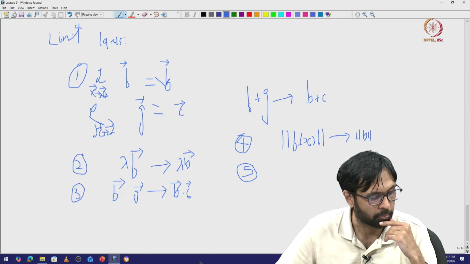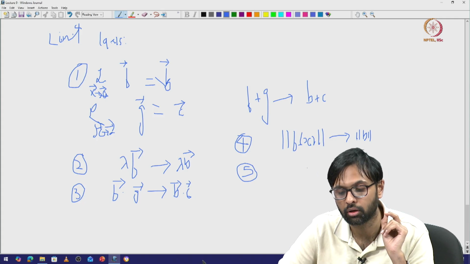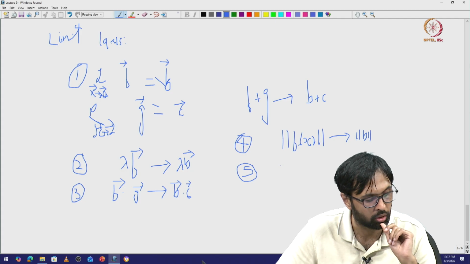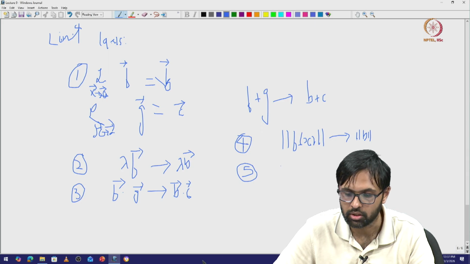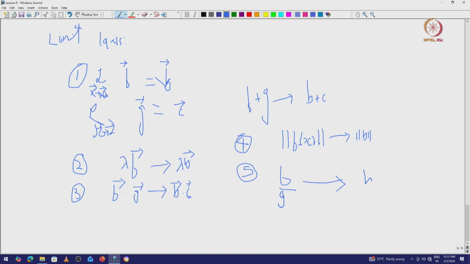Right. So suppose f and g are now scalar valued, they are not vector valued, and g is not 0 in a neighborhood of a intersected with S. So I want to talk about f divided by g, right? If I take f divided by g, I want to say that this goes to b divided by c, right?